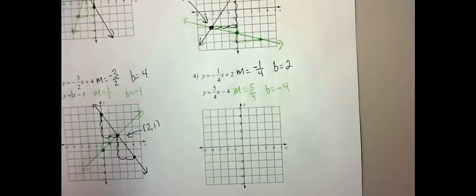All right, last example that we're going to do together is number 4. So I'm going to write m equals -1/4, b equals 2. For the second equation, my m is going to be 5/4, and my b is going to be -4.